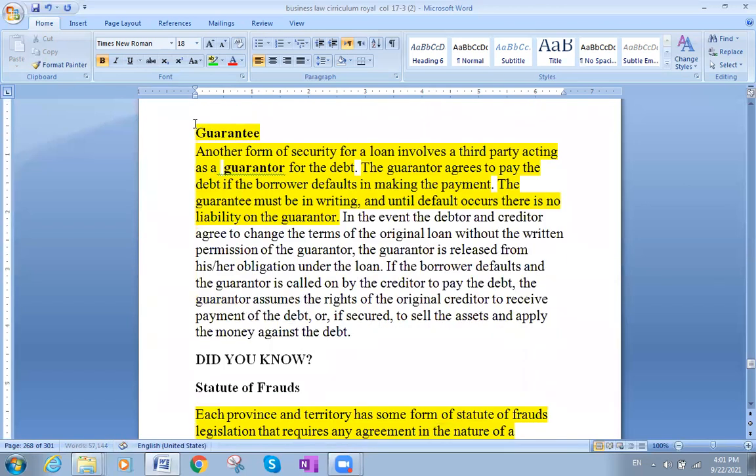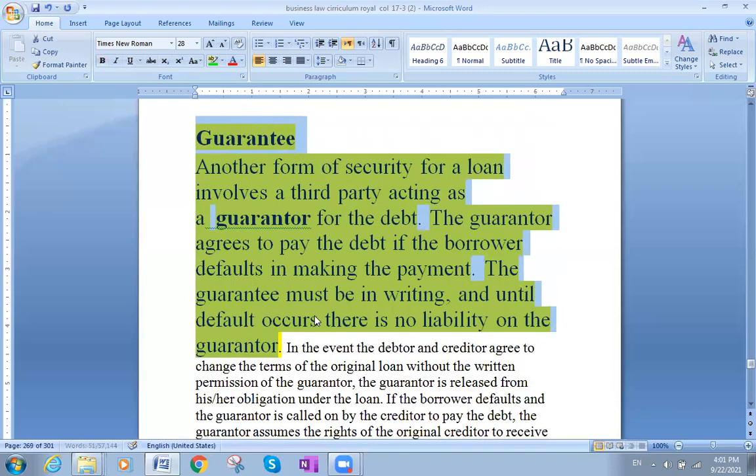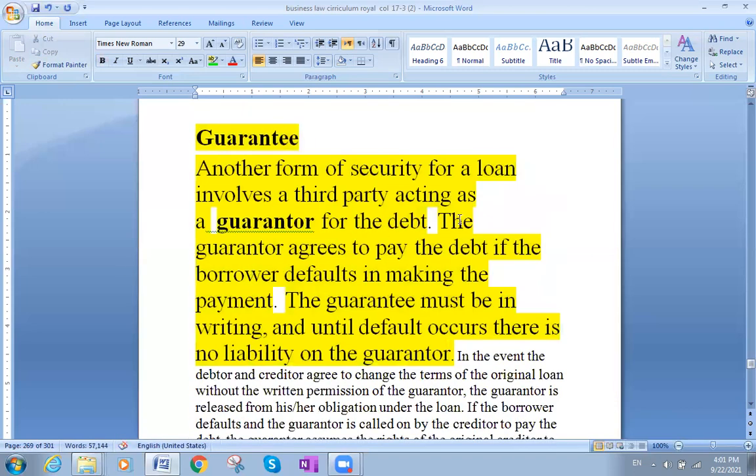Okay, the guarantee. What do we mean by the guarantee? Another form of security for a loan involves a third party acting as a guarantor for the debt. The guarantor agrees to pay the debt if the borrower defaults in making the payment. So say you took money from the bank and I went as your guarantor.